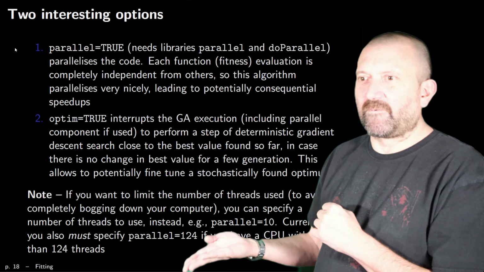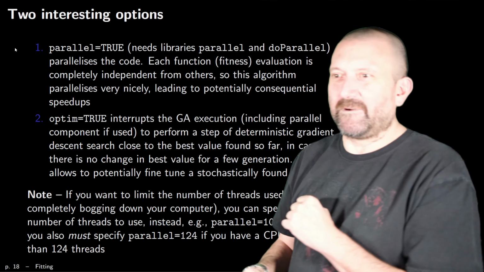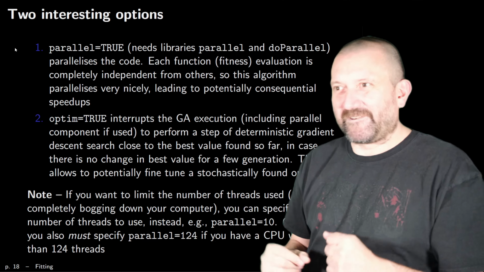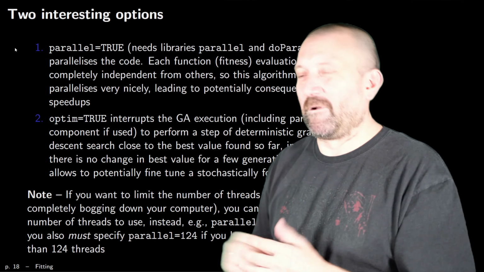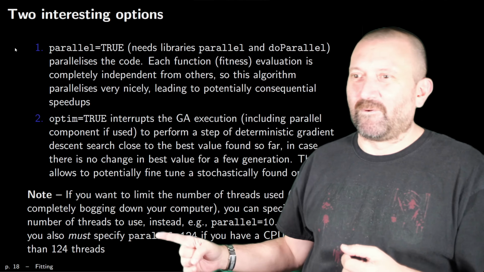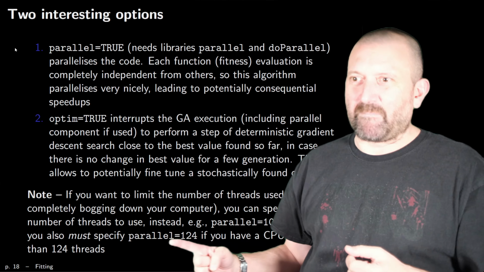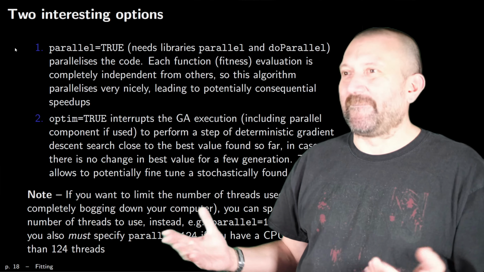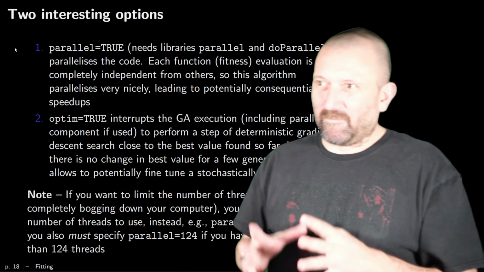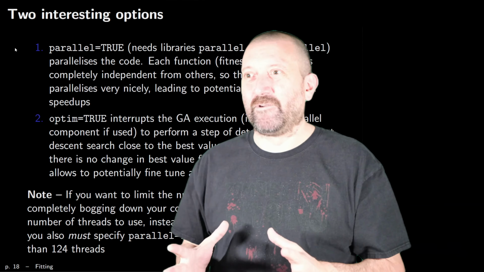And yes, just one remark. If, like me, you have the chance of having a computer with a very large number of cores, remember to say something like parallel equals 124, which says how many cores to use.